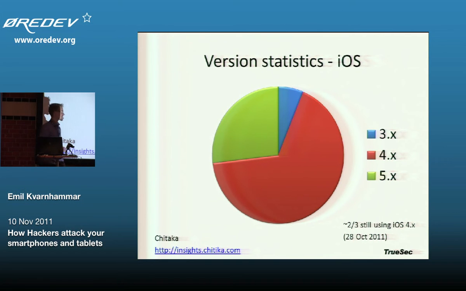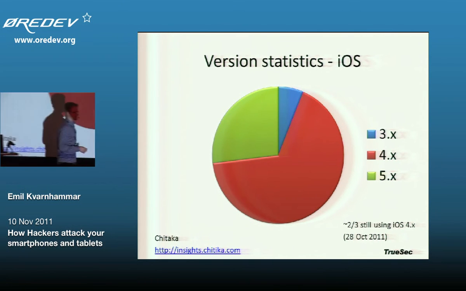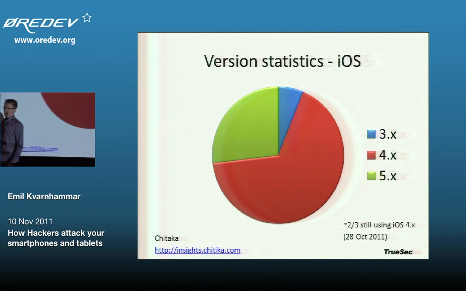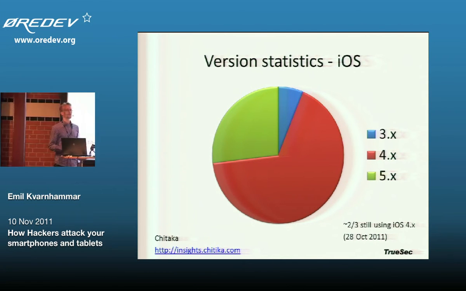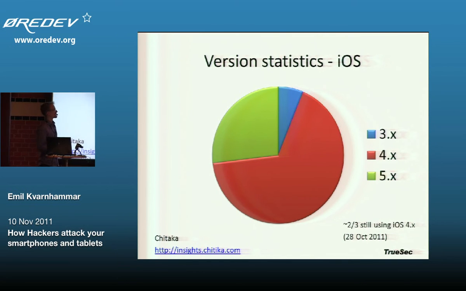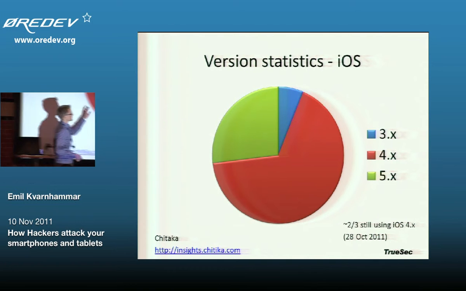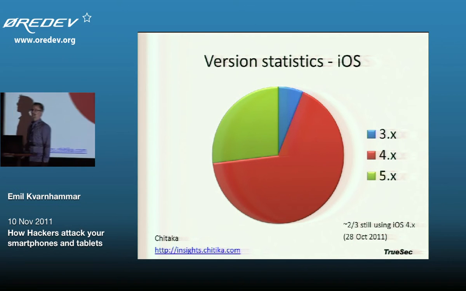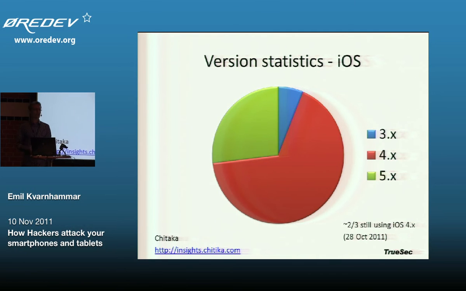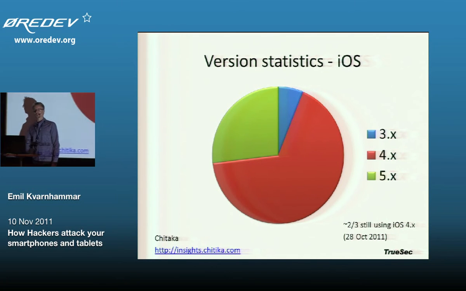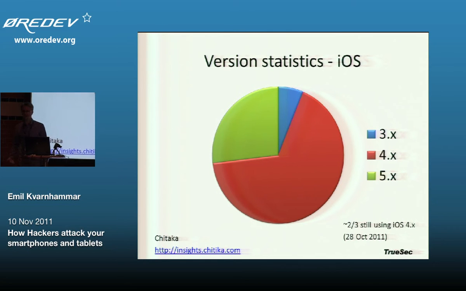One company is called Chitika, and they presented numbers in early November this year that about 2/3 of the total amount of devices that they are in contact with are still using 4.x, which means a big part of this red section is vulnerable to, for instance, this SSL TLS vulnerability that I presented. And this also tells us that just because Apple has published updates, that doesn't necessarily mean that everyone downloads it and installs it on their device.